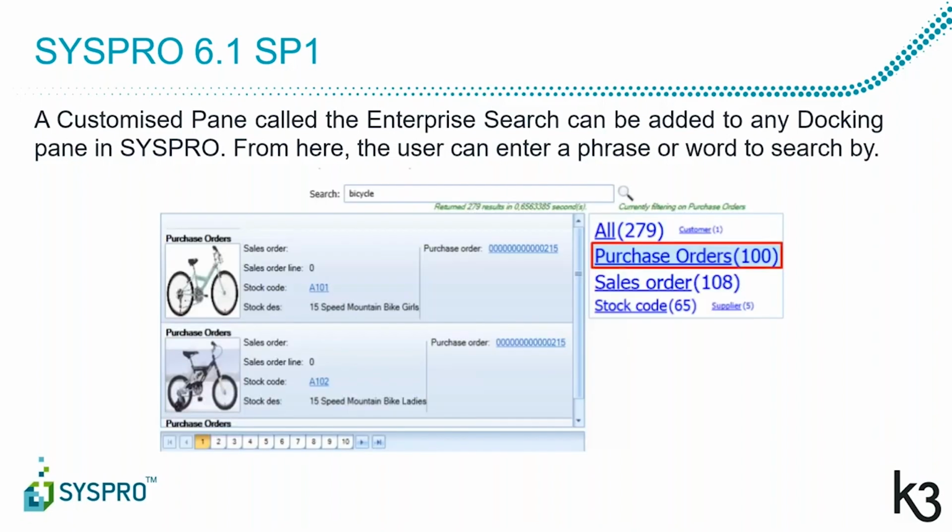So what does that look like? This might be familiar to some of you, or not all. Here I can search on the bicycle term, and a criteria on the right-hand side is brought up, which allows me to click and drill down into these areas. So this is accessible from 6.1, SP1 onwards. So if you're not using this, this is all available to you to start adding, and I'll go through how we can actually add this now.